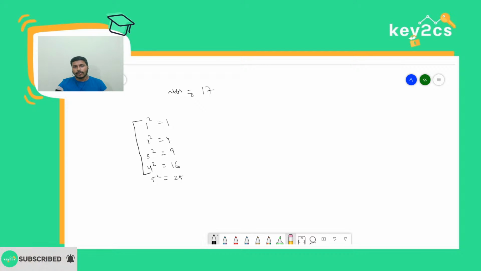So we have crossed the value 17 because 5 square is 25, so you stop here and say this is not a perfect square. If the number given had been 16, then you would stop at 4 square equals 16, and say yes, this is a perfect square.